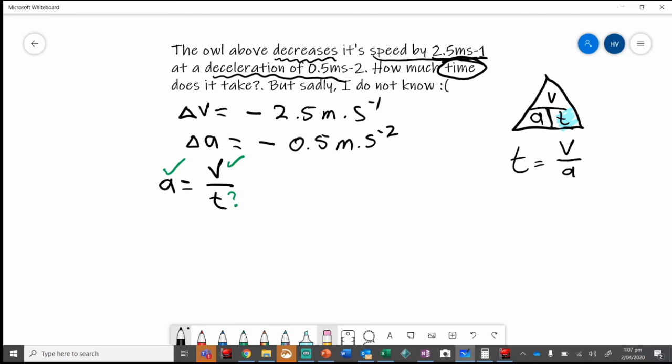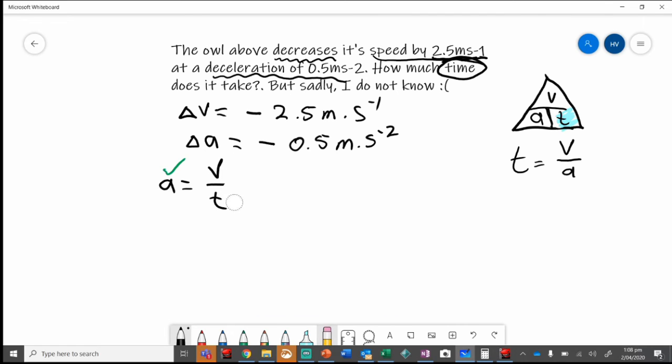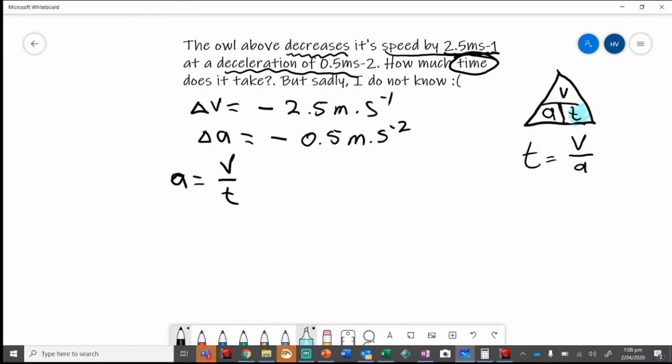Another way to do that, the way that I prefer, is to use algebra. Very simple algebra, where the equals sign is like a wall, and everything you do on one side of the wall you have to do on the other side. First we multiply by t over 1, because anything over 1 is itself, and we do the same on the other side.